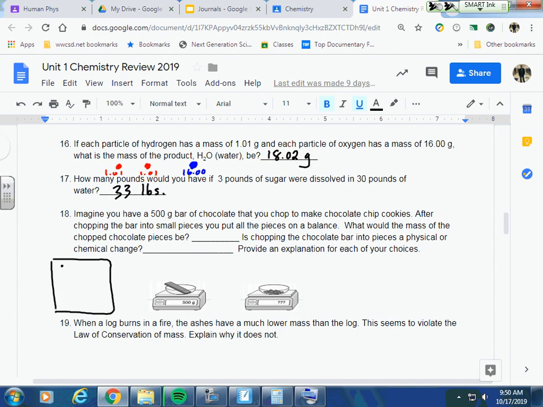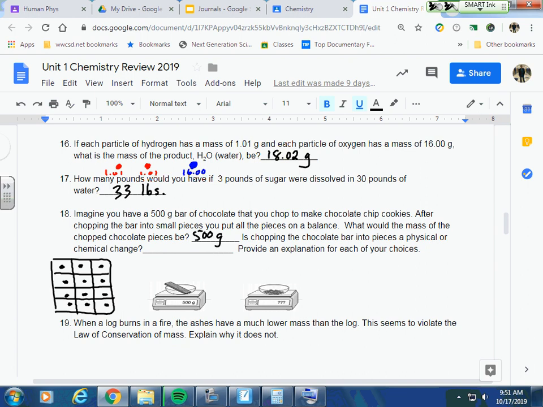Just an example here for modeling purposes. Okay, but let's say that's a chocolate bar with the particles inside. If I chop it up into pieces, and then put all those pieces on the balance, I'm still going to have the same mass. It's still going to be 500 grams.